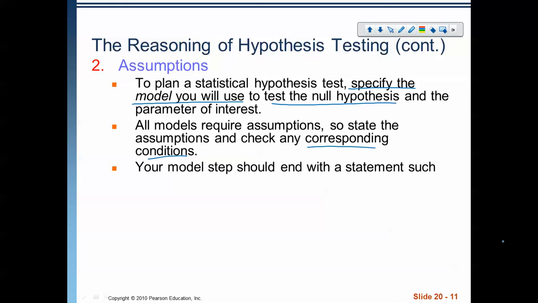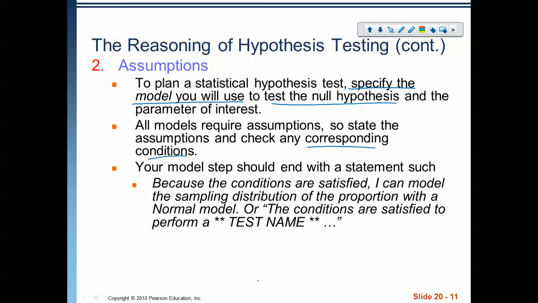When we do this step, we need to check those conditions, and then we need to write a statement that says something like this: because the conditions are satisfied, I can model the sampling distribution of the proportion with a normal model. Or we can simplify that by saying the conditions are satisfied to perform a blank test name, and that's it.